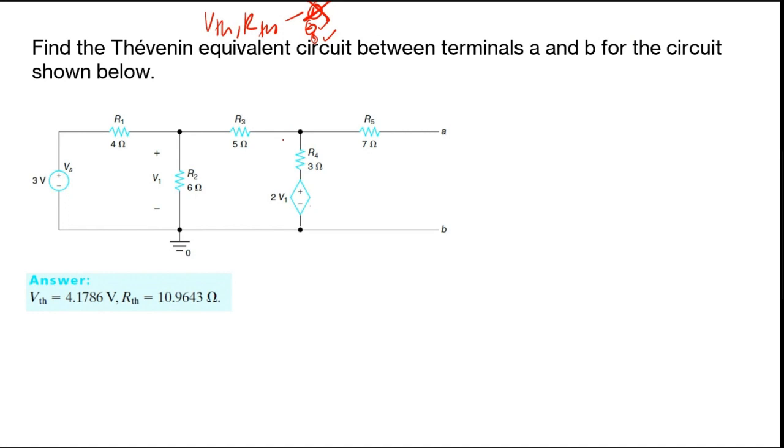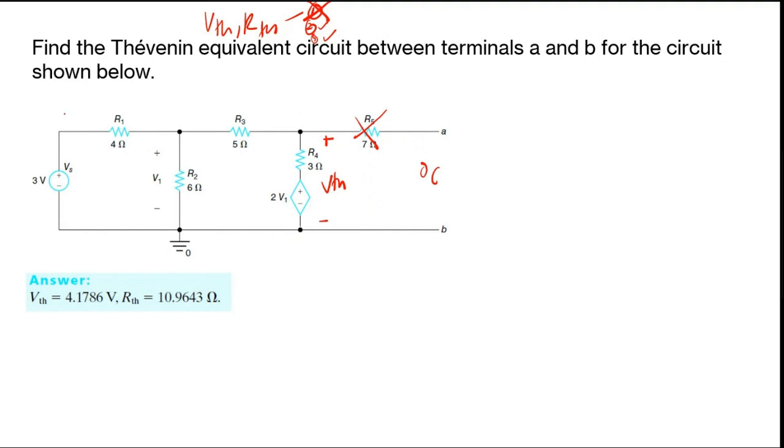Let's say first we calculate VTH. Obviously here is your VTH. We want to calculate VTH here, so you cannot use this R5, because there is no connection here, this is an open circuit, so there is no current through R5.